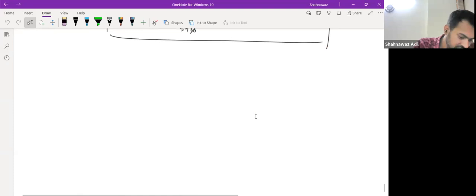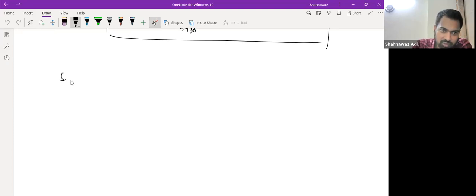So let me do one more question, which was based on this solid angle. In the previous question we solved the electric flux.